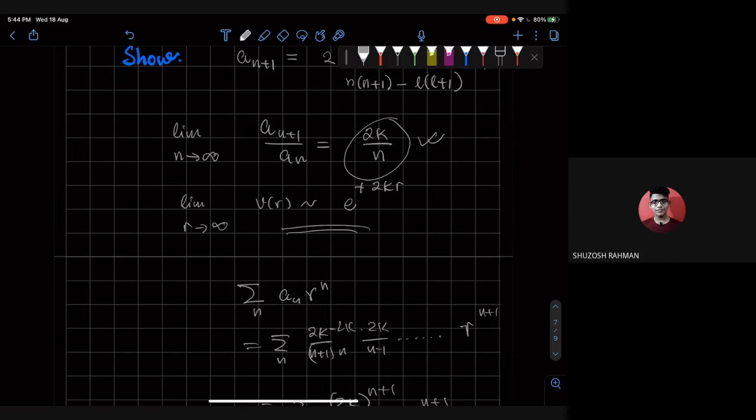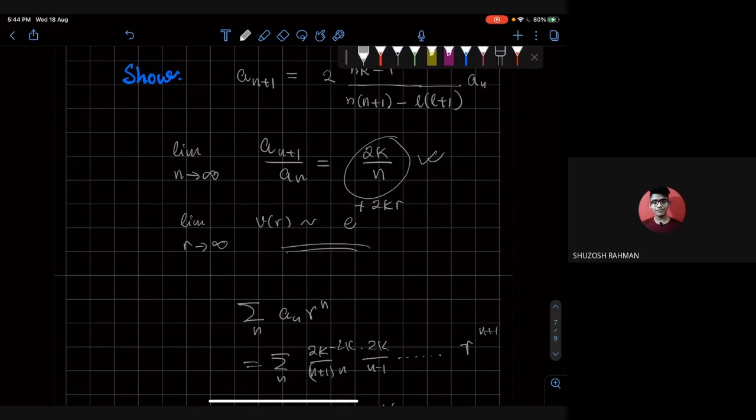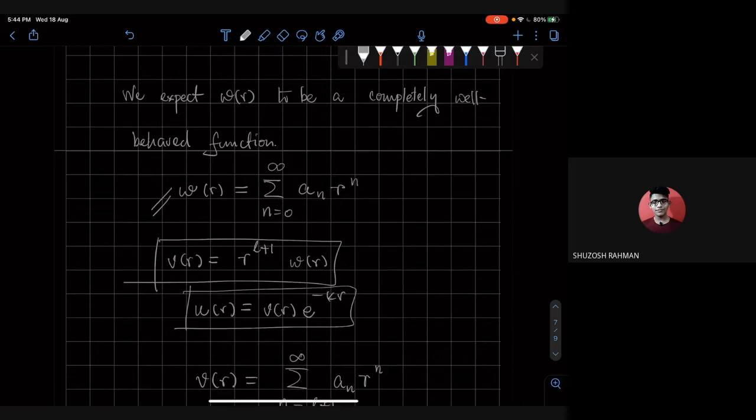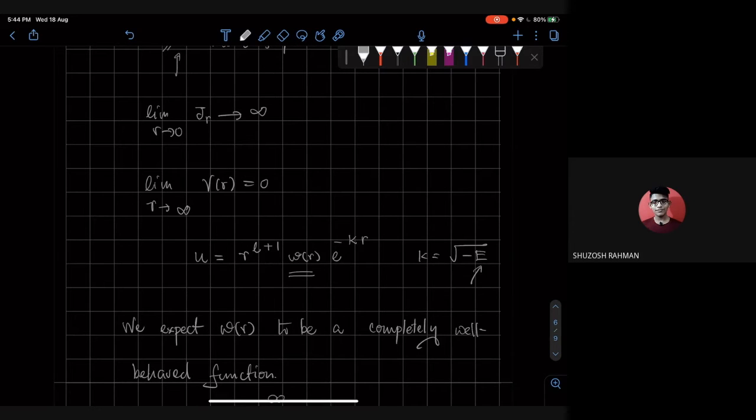So we see that for large values of r, this is going to diverge, and therefore here we get 2kr, whereas if I look at my full solution here, we get minus kr. So 2kr is going to dominate minus kr, right?